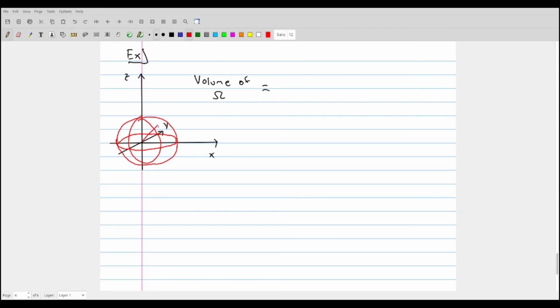So this is a sphere of radius a here. The volume of this region was the double integral of the top surface minus the bottom surface, which ends up being 2 times the square root of a squared minus x squared plus y squared dy dx.